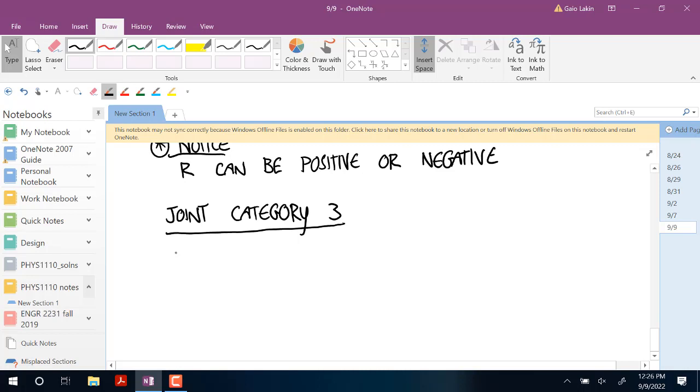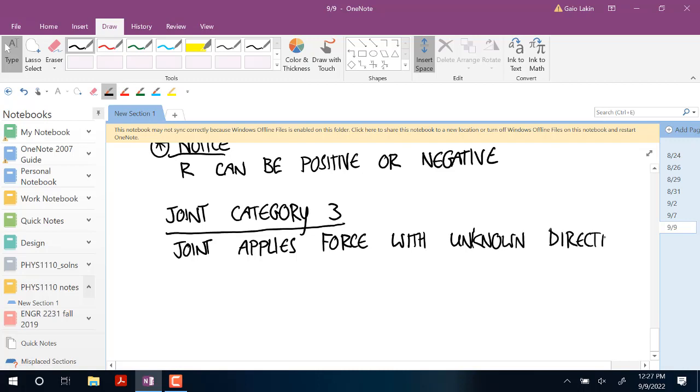Each of these joints applies a force with an unknown direction or a full vector of forces. So these 2 joints each introduce 2 variables into Newton's laws.